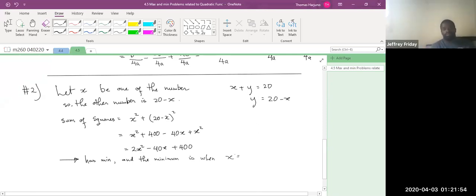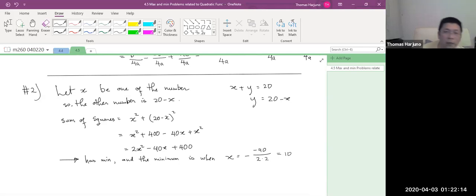10. How do you get that? Negative b over 2a, that equals 10. Okay, so if x is 10, what is the other number?